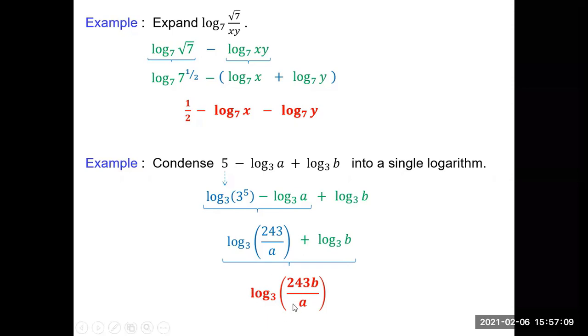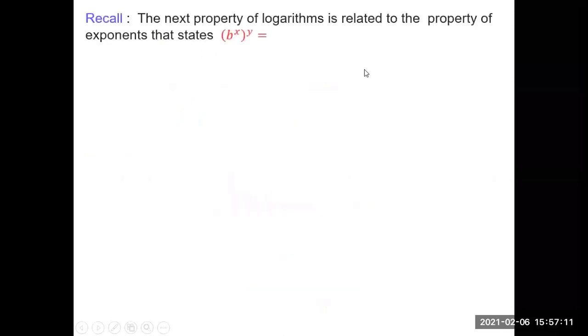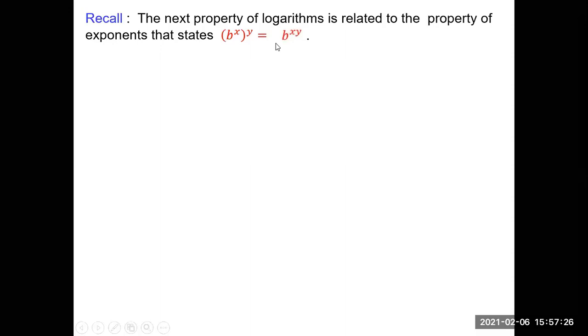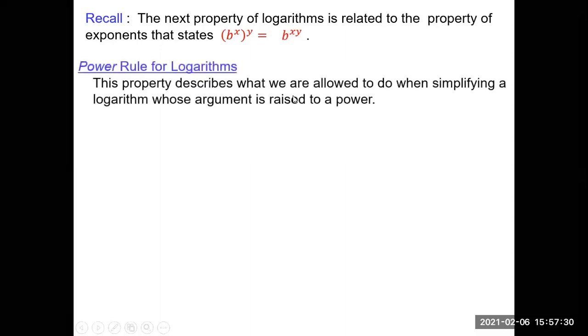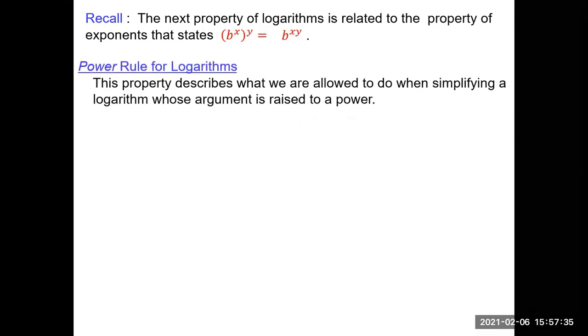Now there's one last property that allows us to take care of powers of exponentials. And this relates to the property of exponents that says if you ever have an exponential expression raised to another exponent, then that means that I can simply multiply the two exponents. So the property that shows this is simply if you have a logarithm with an argument involving an exponent.